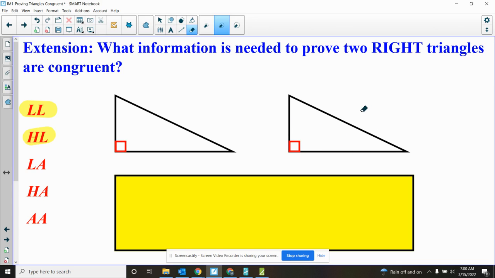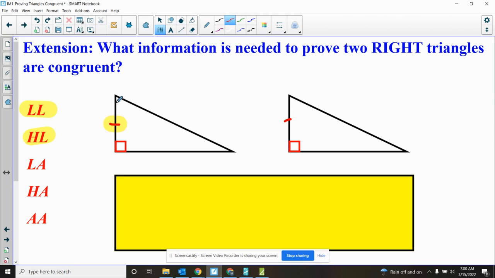What if we now start bringing an angle into it? So what if I know that I have, say, a leg that matches? I'll tell you what, we'll just leave the highlight there for right now. And then one of the angles, well, there's only 2 possibilities.